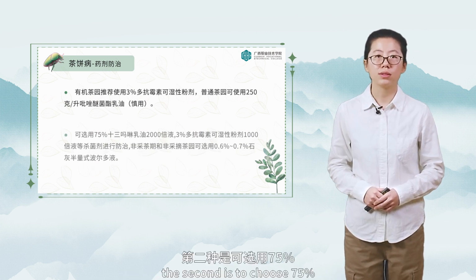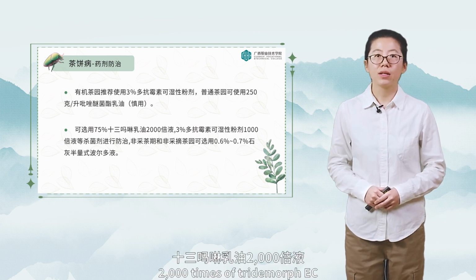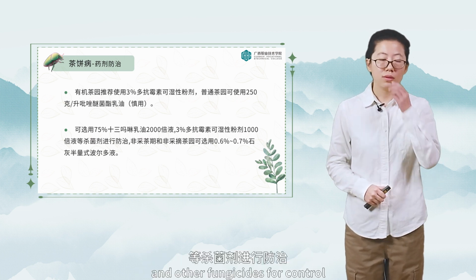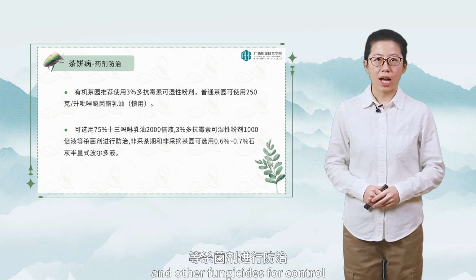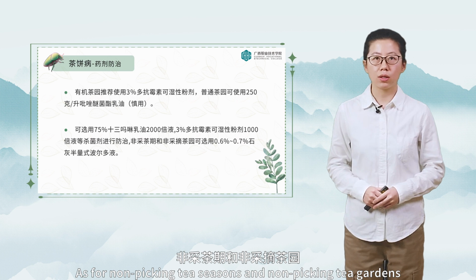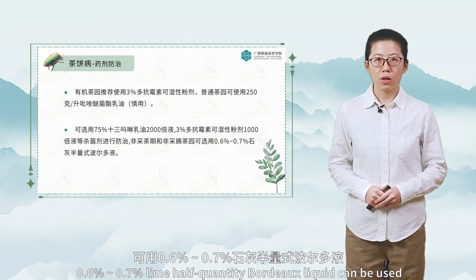The second is to choose 75% Tridimorph EC at 2,000 times dilution, 3% polyoxin WP at 1,000 times solution, and other fungicides for control. As for non-picking tea seasons and non-picking tea gardens, 0.6% to 0.7% lime half quantity Bordeaux liquid can be used.